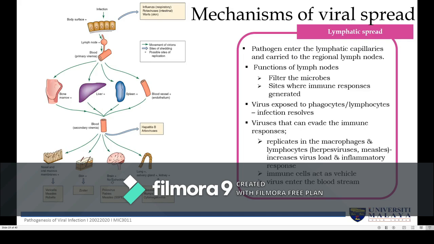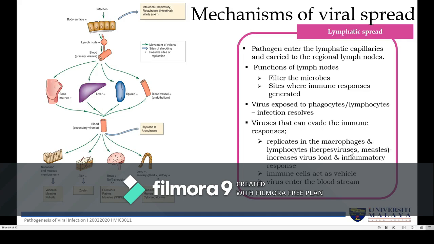But some viruses that can evade the immune response manage to hijack the cells, causing the cells not to kill them. Not only that, they enable the virus to replicate in these macrophages or lymphocytes.